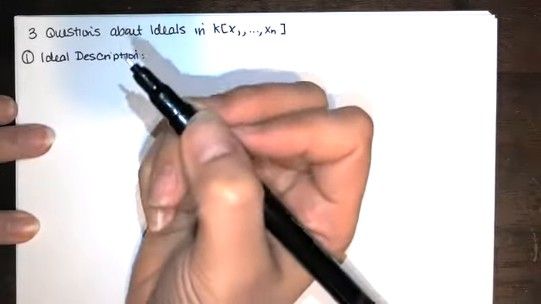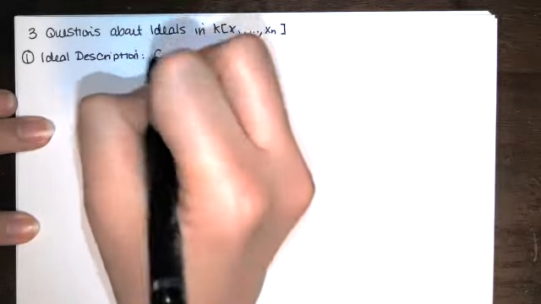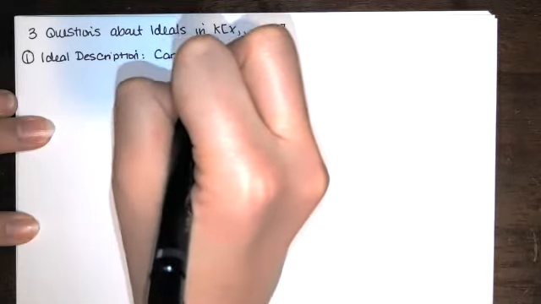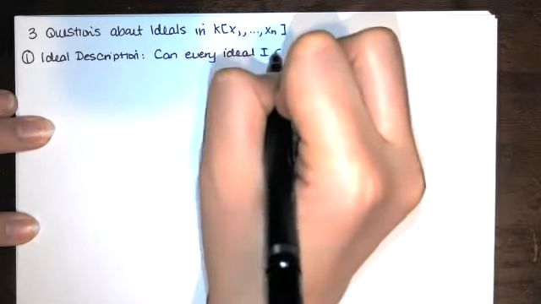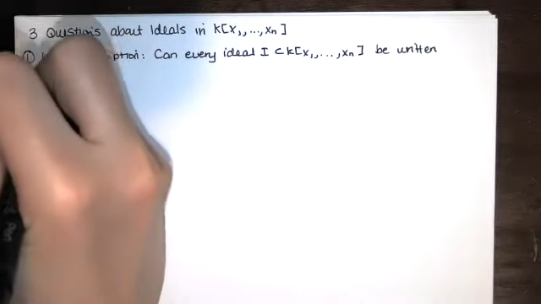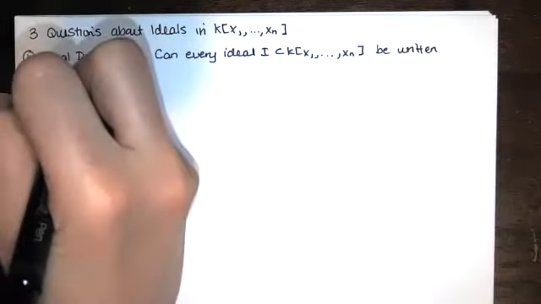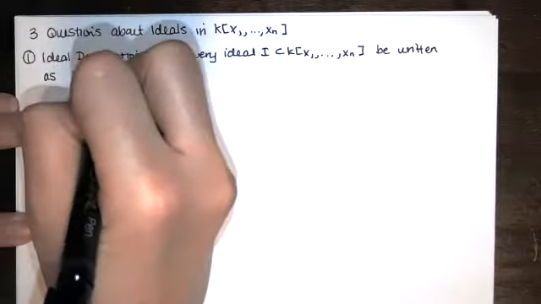We might want to know the answer to this question. Can every ideal that is a subset of that polynomial ring be written as the ideal generated by a particular set of polynomial functions?